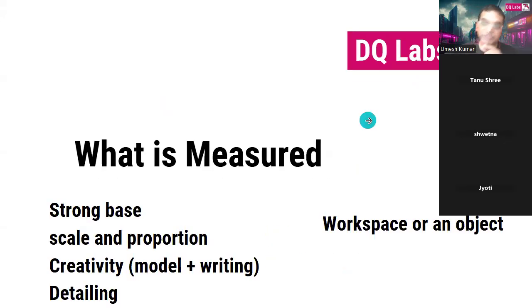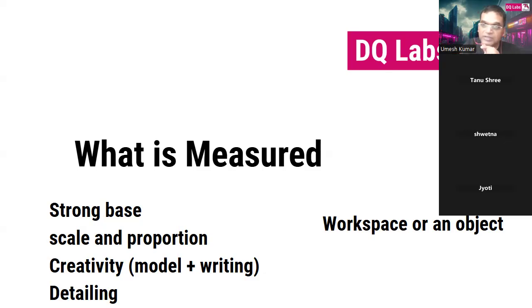So what is measured in this? Number one, whatever model you are making has to be a very strong model. Let us say they have given you a workspace as a probable topic, right? So you create a base and then you position various pieces that you have created, the furniture, walls, etc. Whatever you're creating has to be integrated into the model and it has to be a strong one.